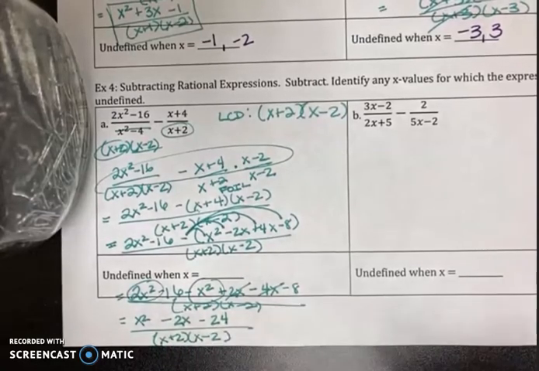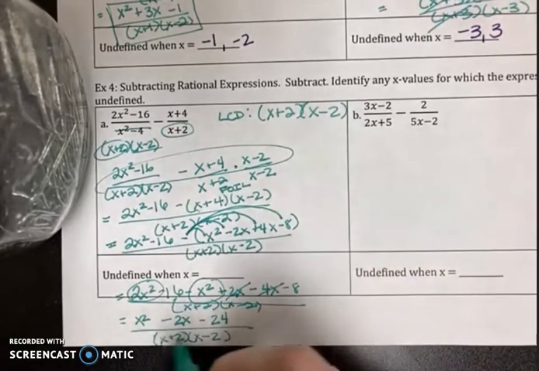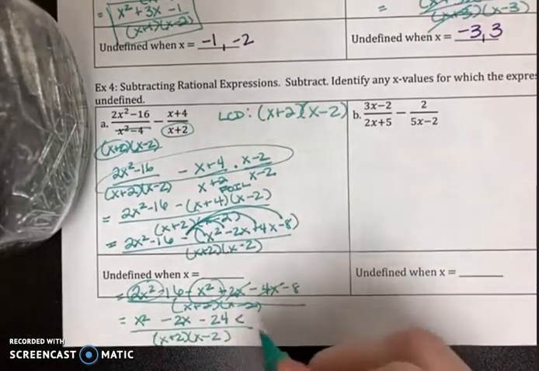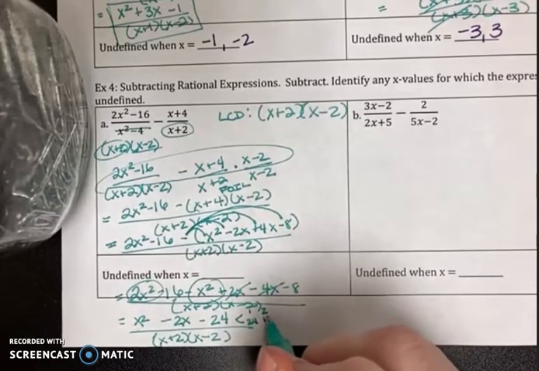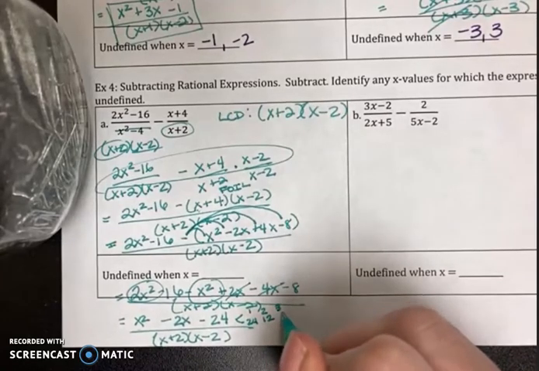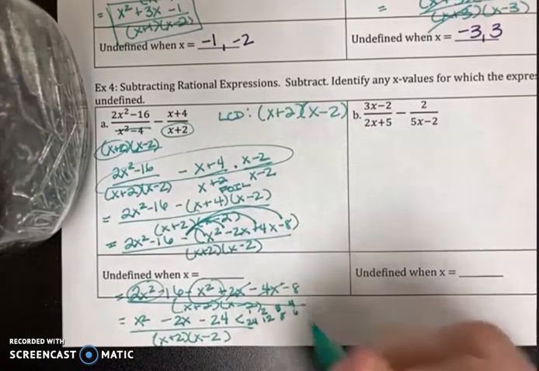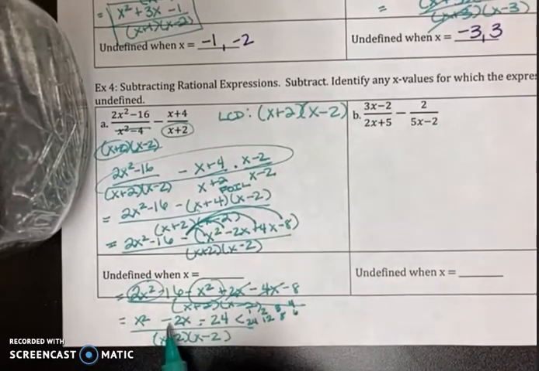Always check and see if we can simplify any further. This is a case 1 trinomial. The factors of 24 are 1 and 24, 2 and 12, 3 and 8, 4 and 6. Using different signs, I want to get to a negative 2.